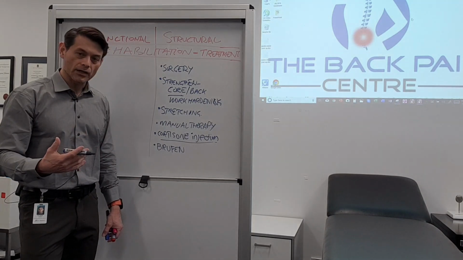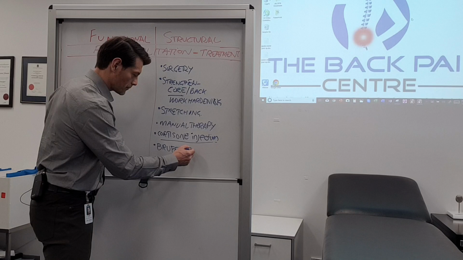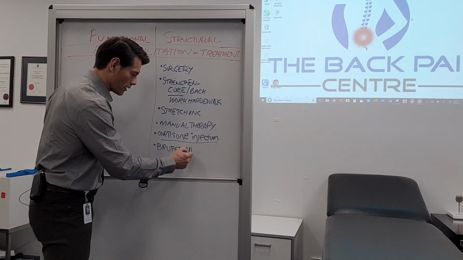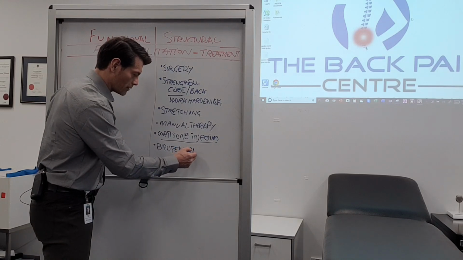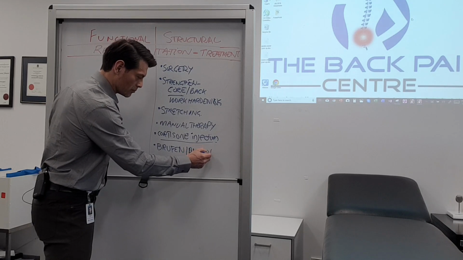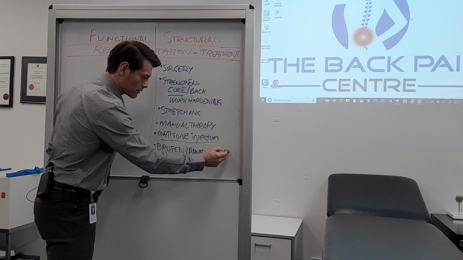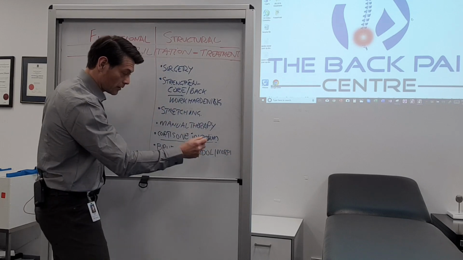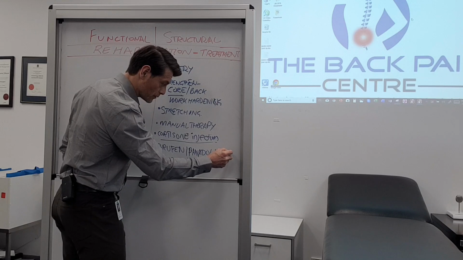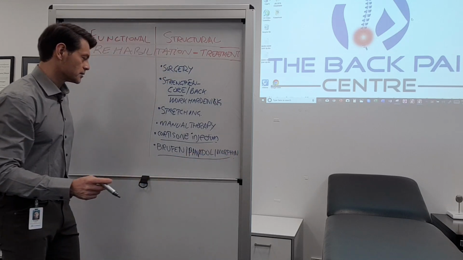Those are all medications that are trying to modify the way that a structure is behaving. So we're trying to modify nociceptors in the spine, morphine. There's a whole host of them, and I just listed off a whole host there.